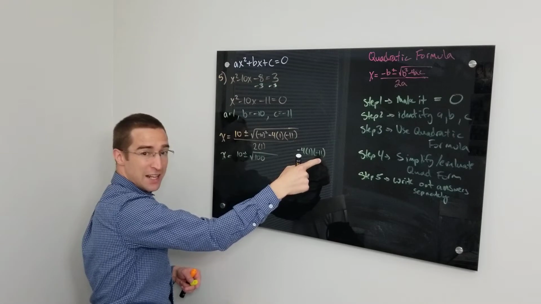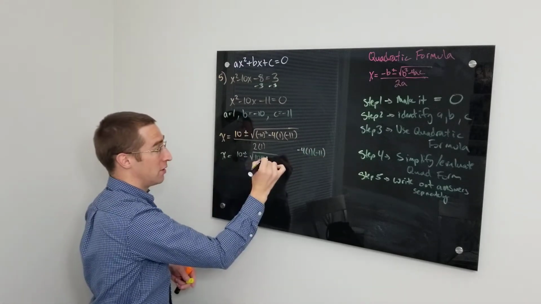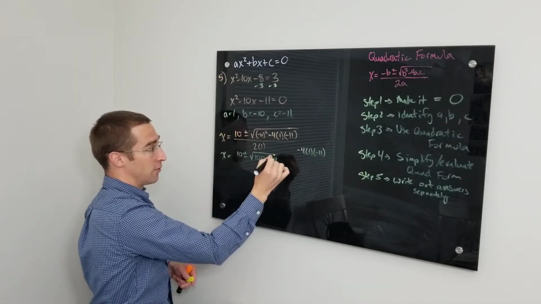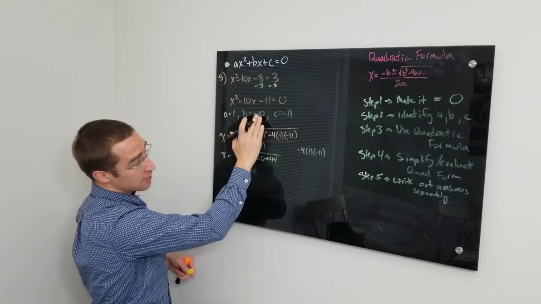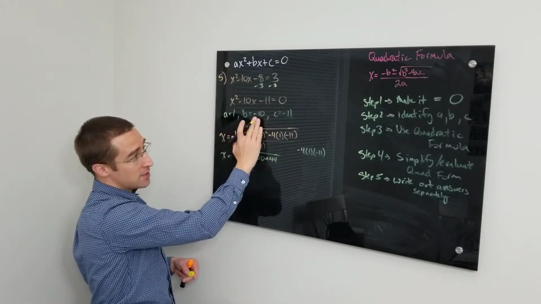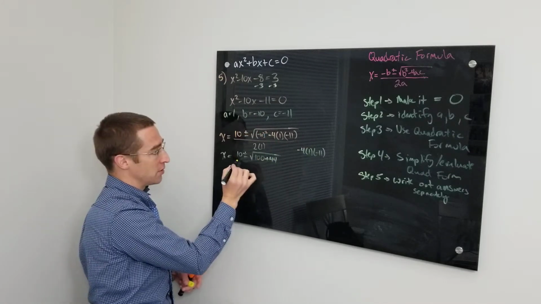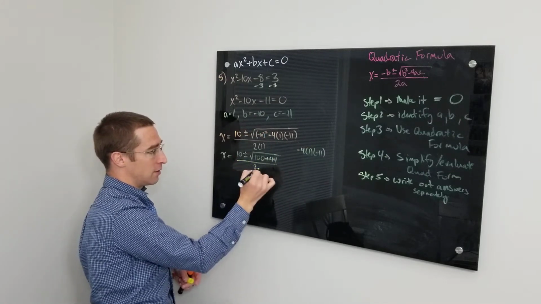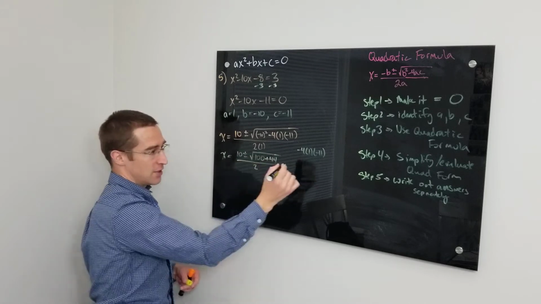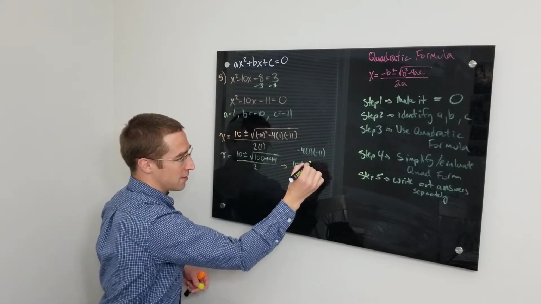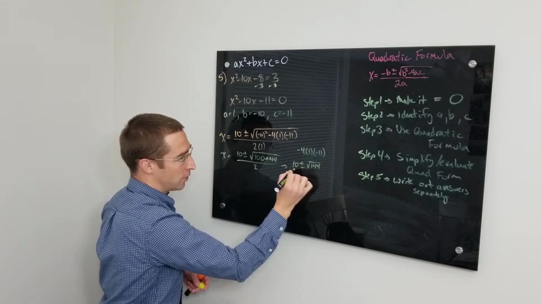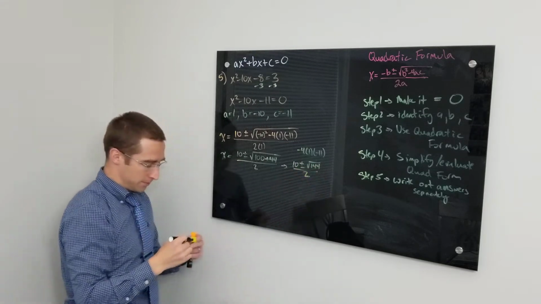Negative 4 times negative 11 is a positive, plus 44. So just always look at that answer. If it's positive, it's plus. If it's negative, it's minus. And we're using that minus as a negative with our multiplication. And then divide by 2. We're going to simplify in here just to get 10 plus or minus the square root of 144, over 2.